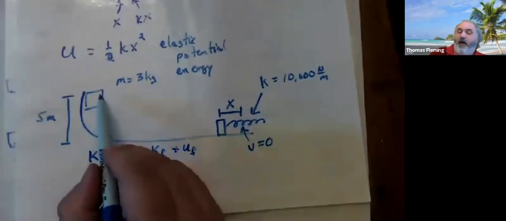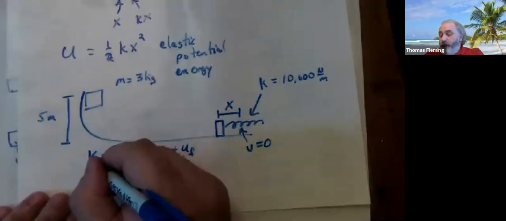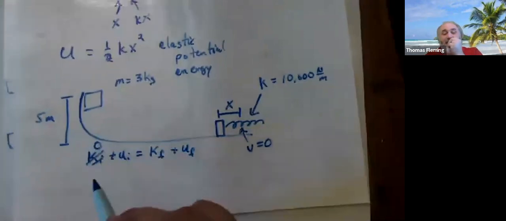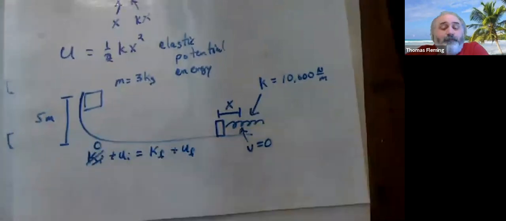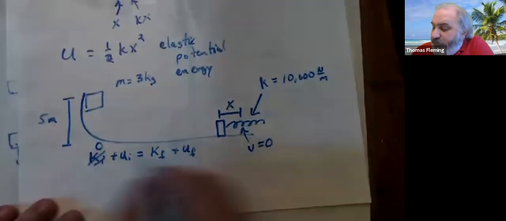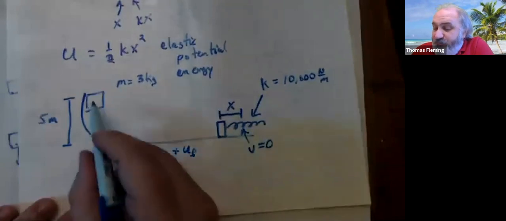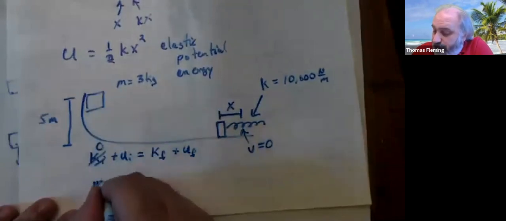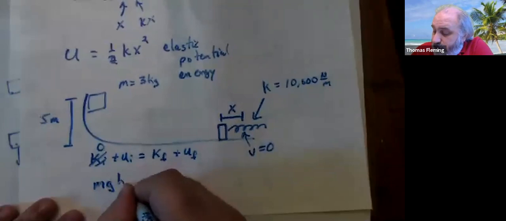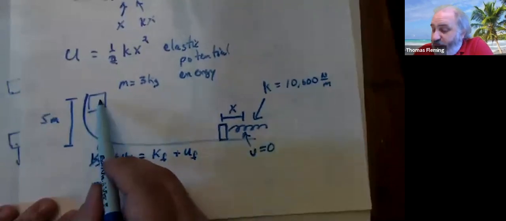Now, I'm starting this box off at rest. And since K is 1/2 mv squared, it's starting off with a v of 0. Its starting kinetic energy has to be 0. Now, what about potential energy? Well, if I'm calling the ground down here height 0, then U initial is going to be mgh initial. So the gravitational potential energy is this.